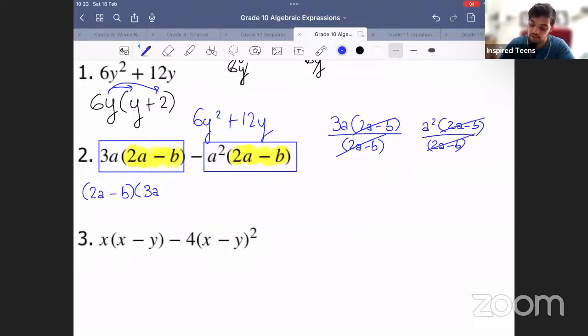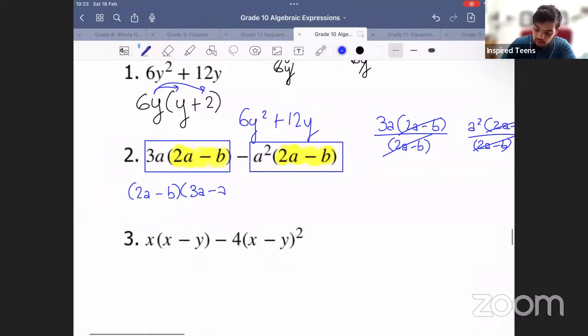That and that cancel because they're the same, and I'm left with a squared. So in this case, you're just left with whatever's left over besides the bracket. In this case, it's 3a and minus a squared. So you would have your common factor, 2a minus b, and then whatever's left, 3a minus a squared.